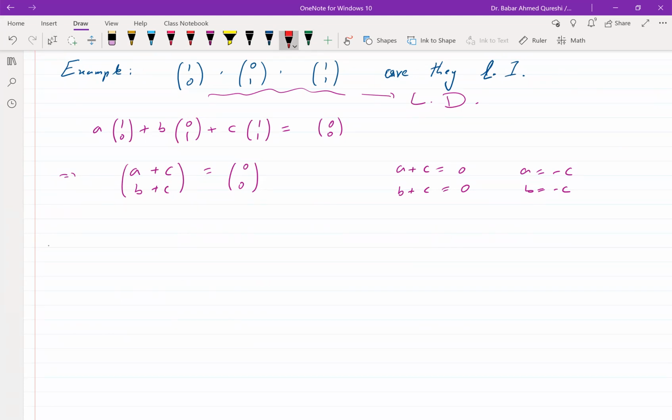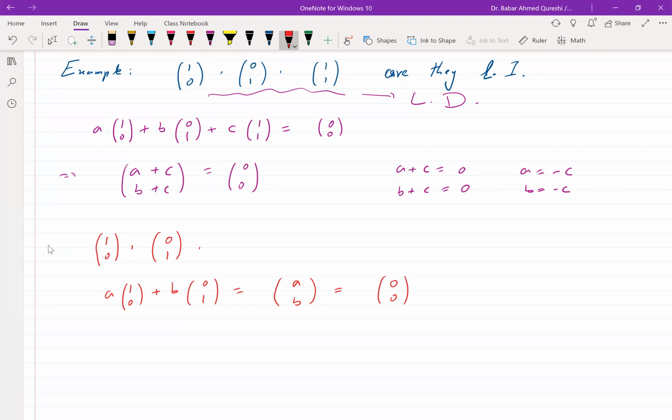On the other hand, if I consider these two, then I have the linear combination (a, b) and I'm putting it equal to (0, 0).